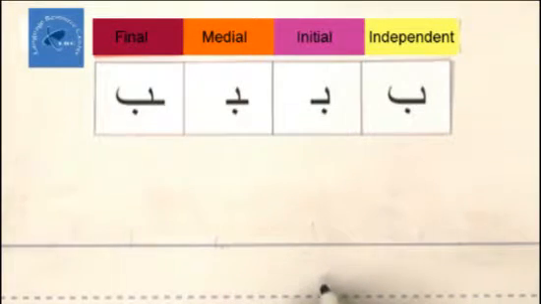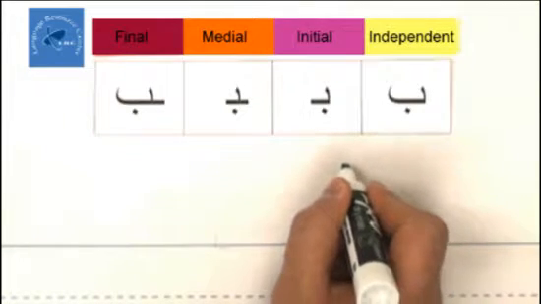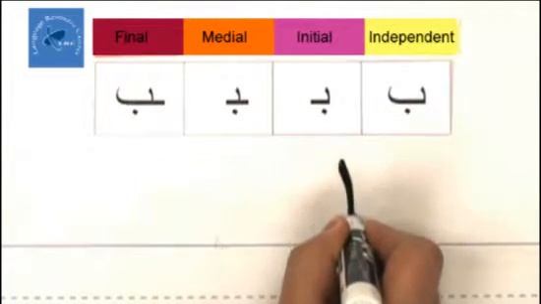Let's start writing words that combine both the letters a and ba. For example, the word ab. Ab, which means father. It consists of two sounds, a and ba. So we start right here. We do a in the initial position. We go down.